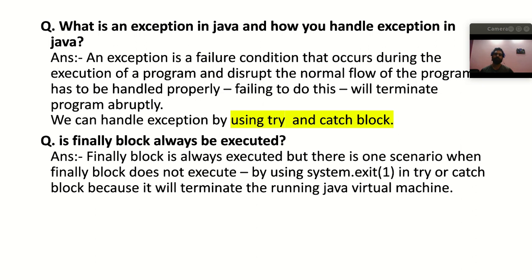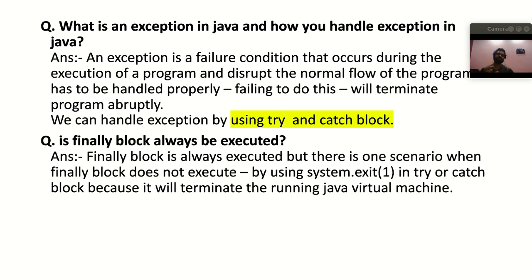And if you go deeper, there are also two types of checked exceptions, fully checked and partially checked. Regarding the fully checked, if the parent class and the child class are both checked by the compiler, then that is known as a fully checked exception.